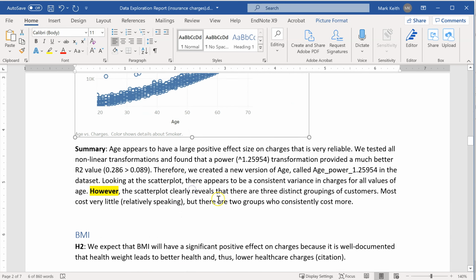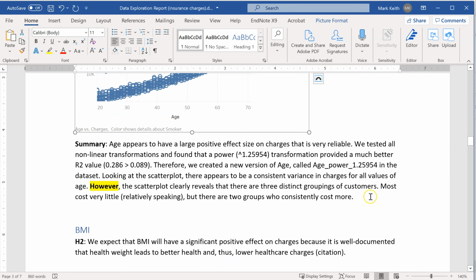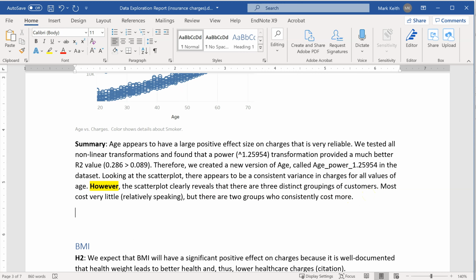And I am going to add to my summary here. There are 2 groups who consistently cost more. Maybe I'll add to this right here. We explored this relationship in greater detail by including every other feature in a 3D or 4D model.